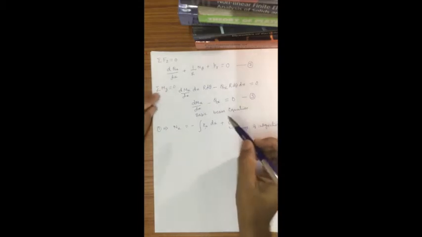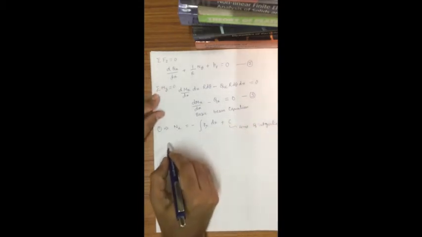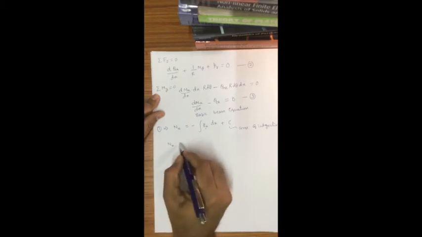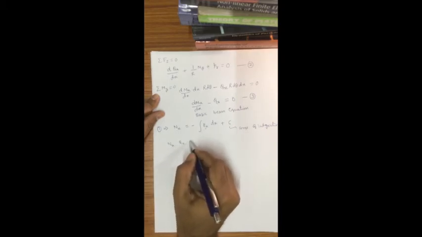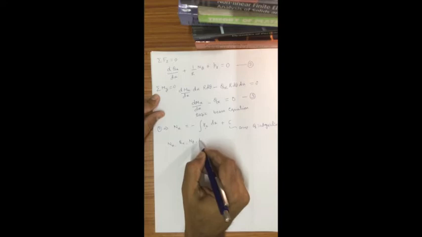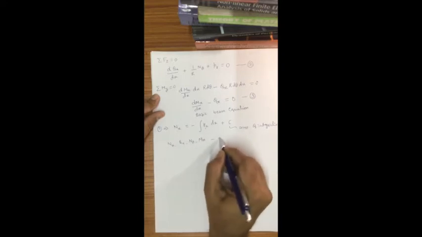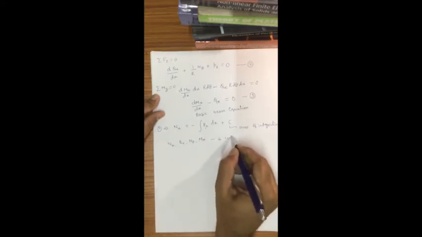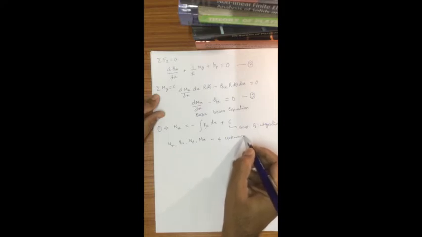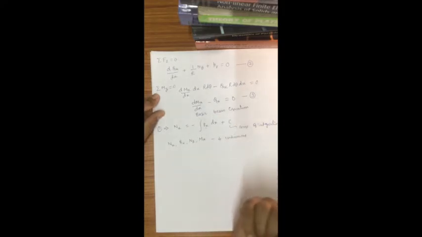And if you look at these equations, the unknowns are nx, qx, n theta and mx. So we have 4 unknown parameters, but we have 3 equations of equilibrium.